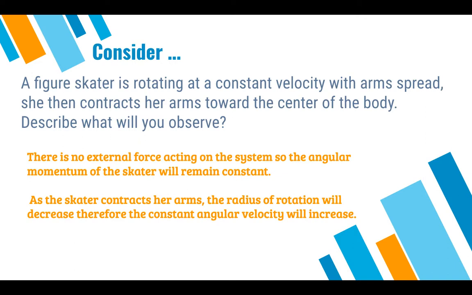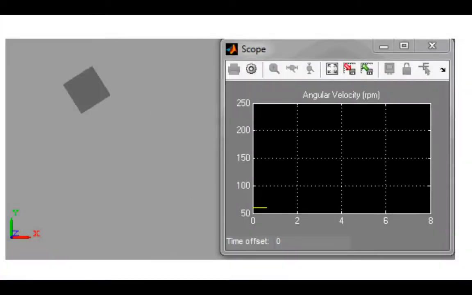So to help visualize this, we're going to take a look at a simulation. The first simulation we're going to look at is just a box. That box represents the center of mass of the object, or the location of mass of the object. Our box is rotating at a radius r at some constant angular velocity, 50 revolutions per minute.